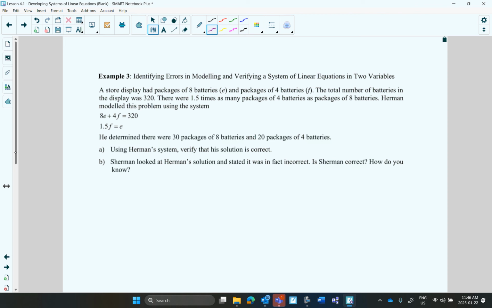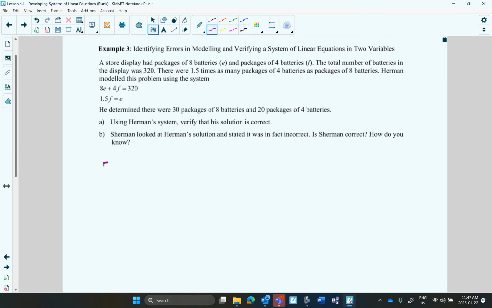So Herman came along and set up the following system. And he solved this system, and he determined there were 30 packages of 8 batteries, 20 packages of 4 batteries. Okay? Well, let's verify that he's correct.